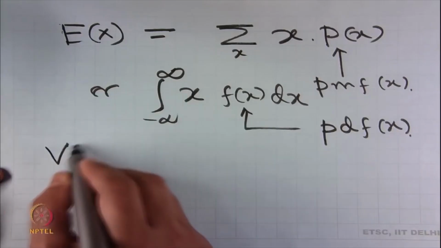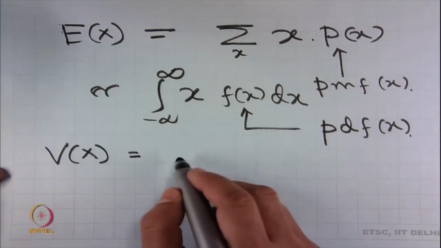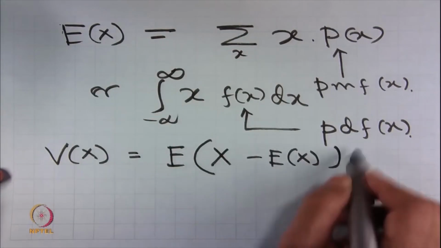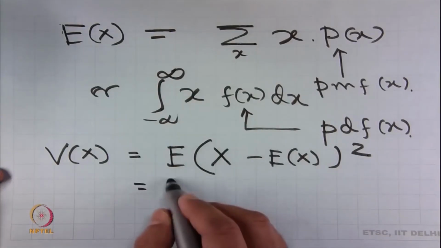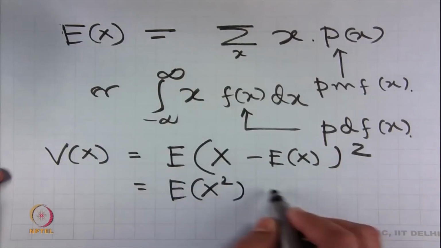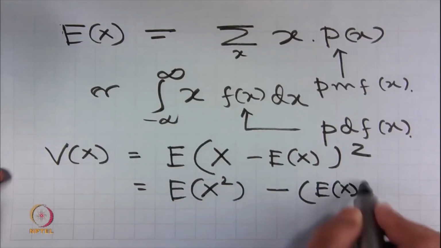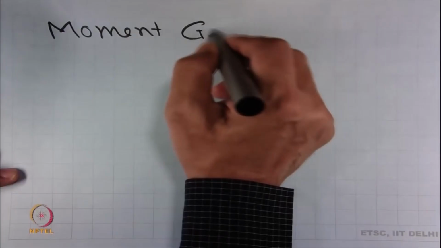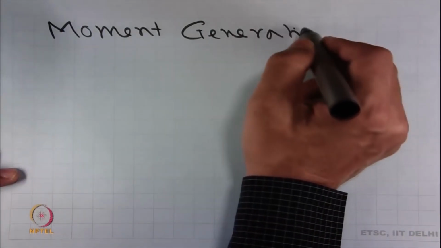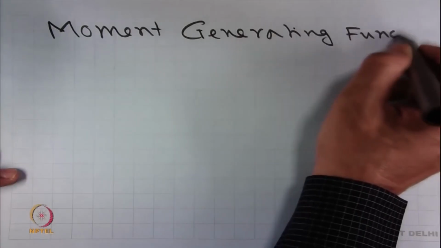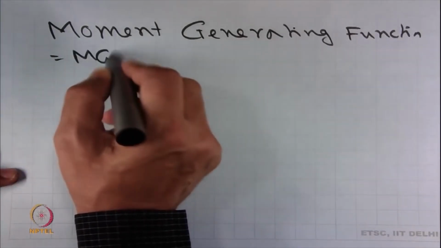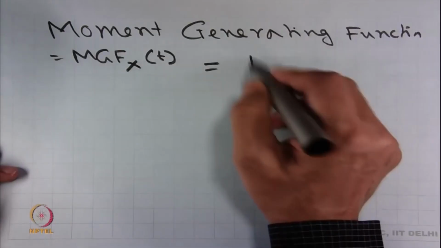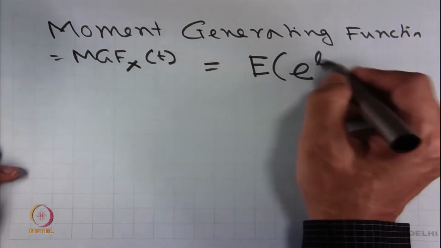As you all know, variance of x is defined as expected value of (x minus expected value of x) whole square, which can be written as expected value of x square minus (expected value of x) whole square. Also, you know, there is something called the moment generating function, which is called MGF of x, for real value t, equal to expected value of e to the power t x.